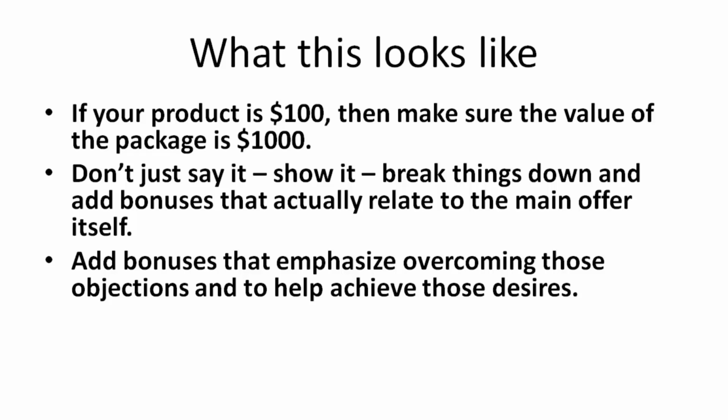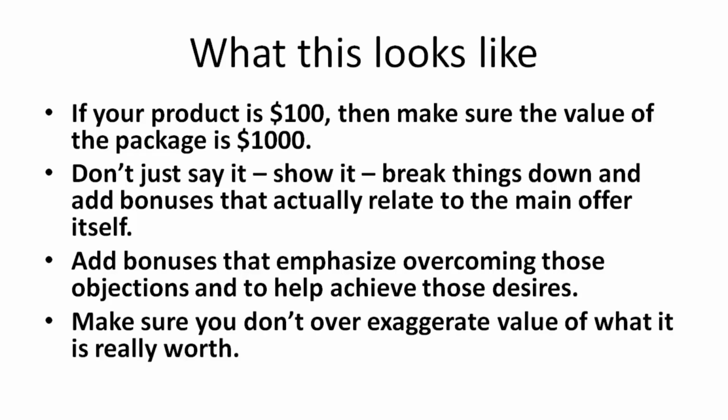Adding bonuses that actually do that, in addition to what you already have, will increase your conversions, simply because you're stacking on top of each other. You're creating more focus on overcoming those objections and more focus on helping people achieve those desires. You see what I'm going with here?